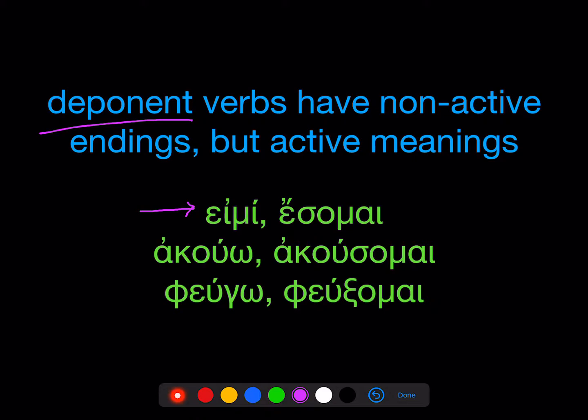And you can tell it's deponent just looking at the principal parts because the second principal part looks middle. It's a middle form. And in fact, akouō and pheugō, flee, are also deponents in the same way. You can look at akousomai, pheuxomai, right? I shall hear, I shall flee.